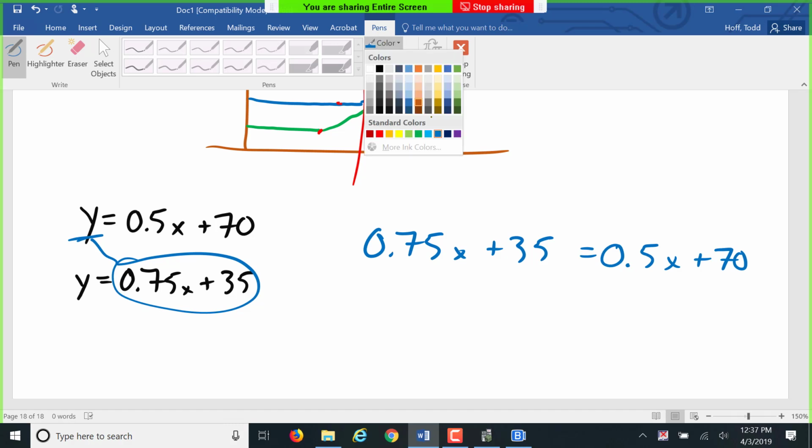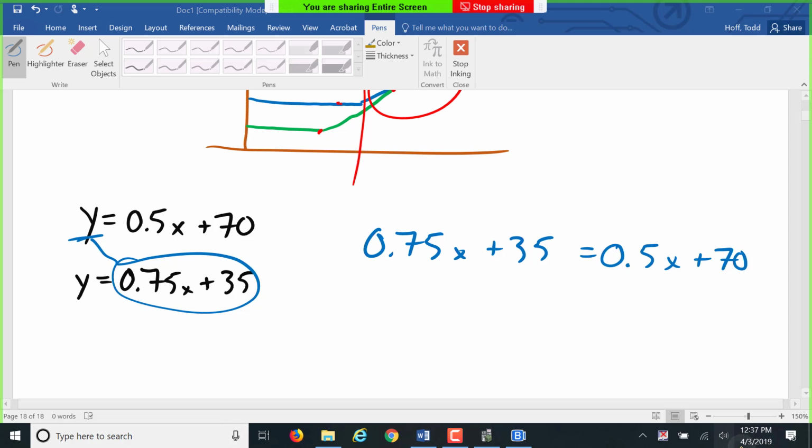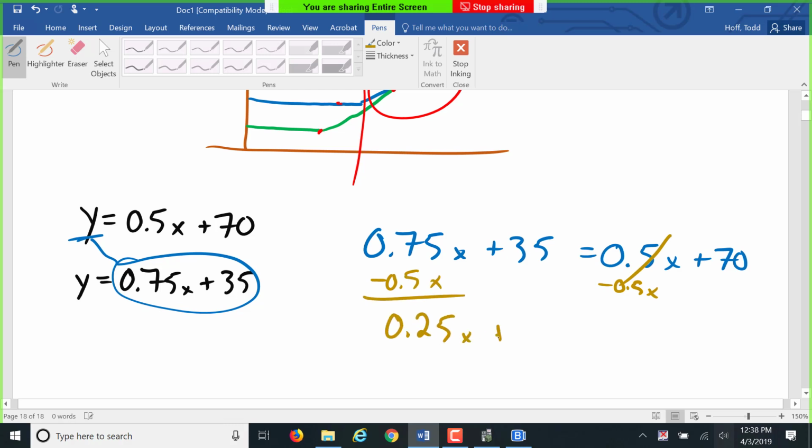First step, there's nothing to combine on either side. Second step, the x is on both sides, so we get rid of the smaller one, subtracting 0.5x. That gives us 0.25x plus 35 equals 70.